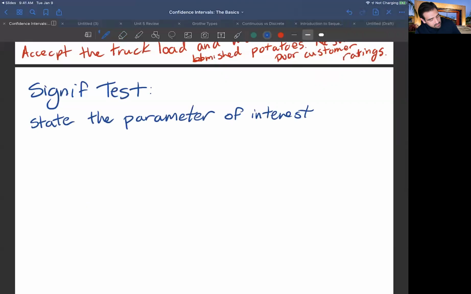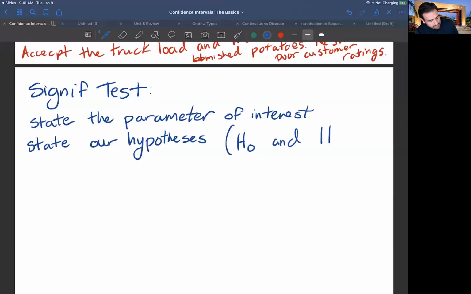We need to state our hypotheses. This is the null hypothesis and the alternative hypothesis. Technically, you can determine if the alternative hypothesis is one-sided or two-sided.